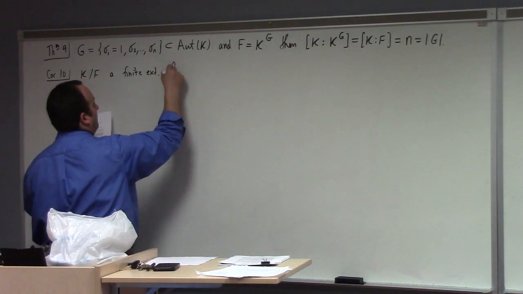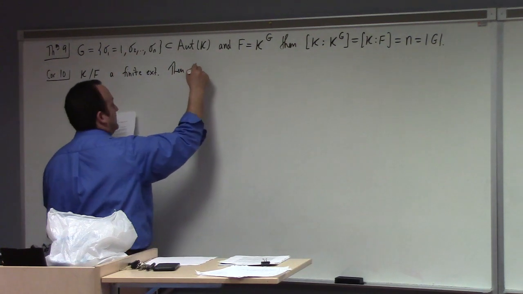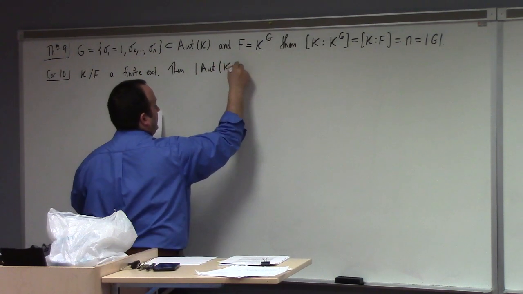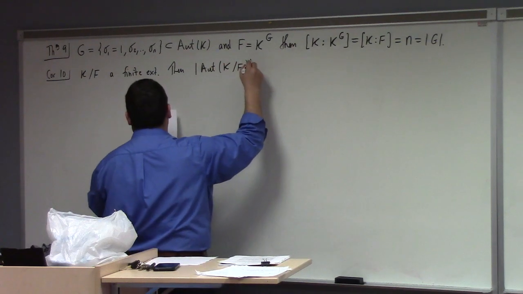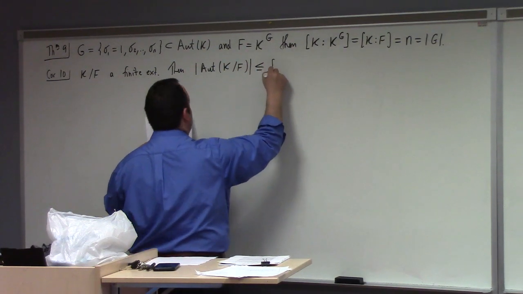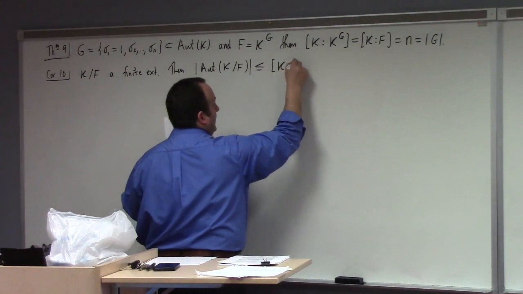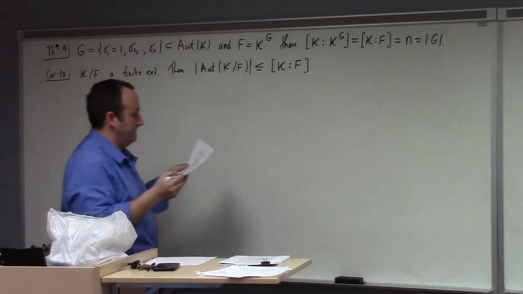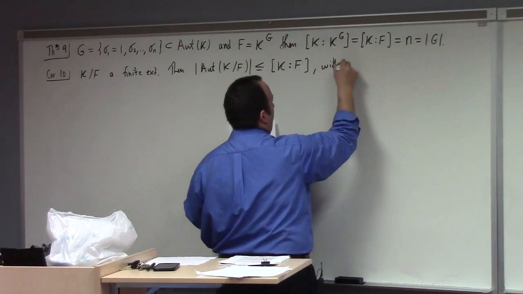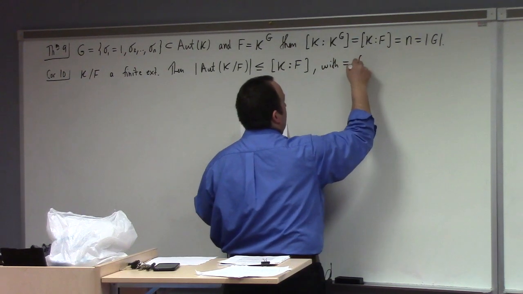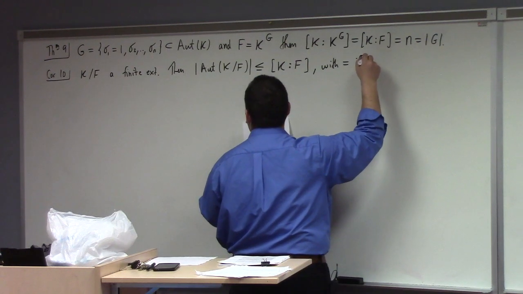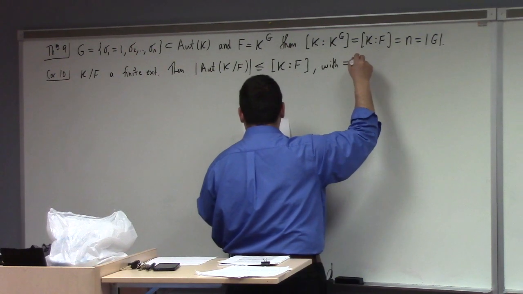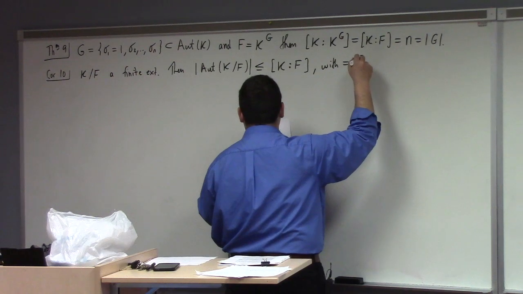All right, then the size of the automorphism group which fixes F, the F-fixing automorphisms of K, has order at most the degree of the extension K over F. And it says, with equality, if and only if F is the fixed field of Aut K over F.